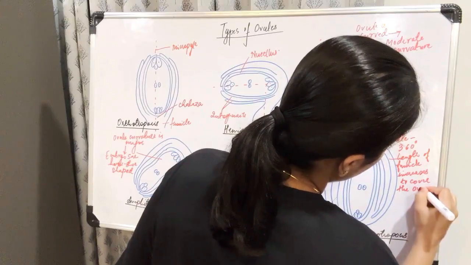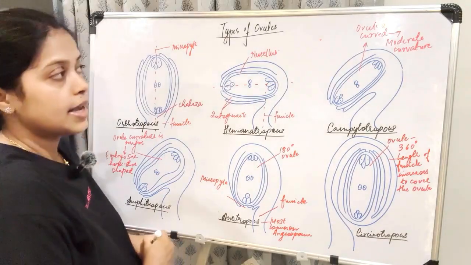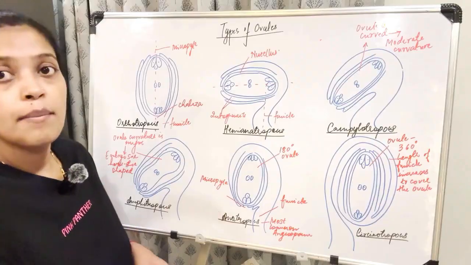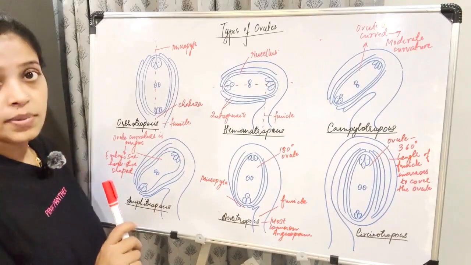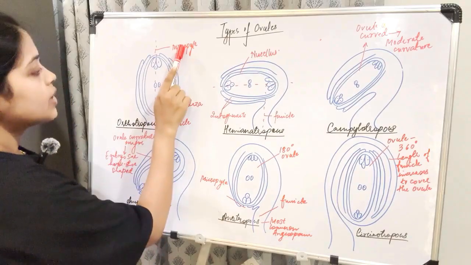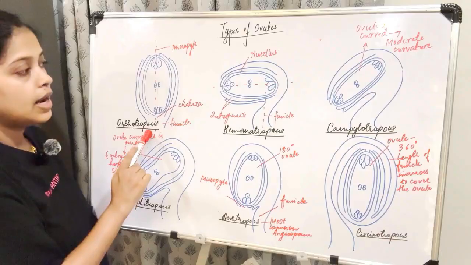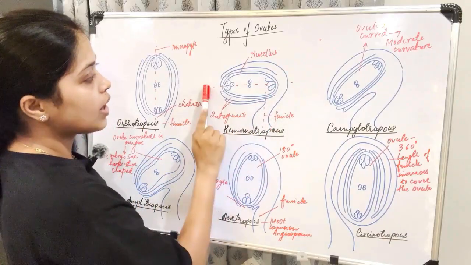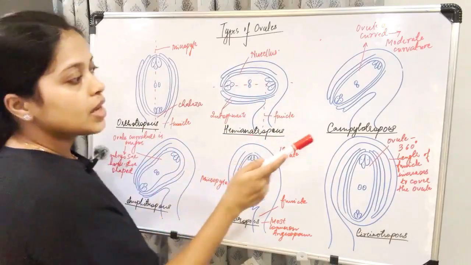Let's revise once again. We have 6 different types of ovules based on its orientation. First one is orthotropous, when the micropyle, chalaza and funicle all lie in the same line. Hemianatropous, when the funicle is at right angle with nucellus and integuments.